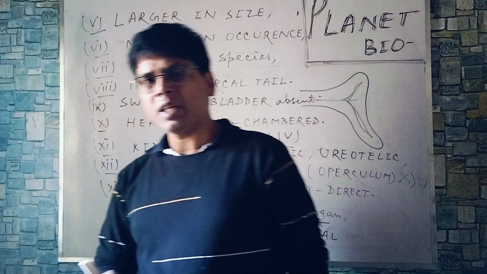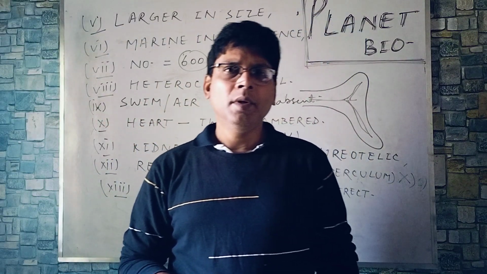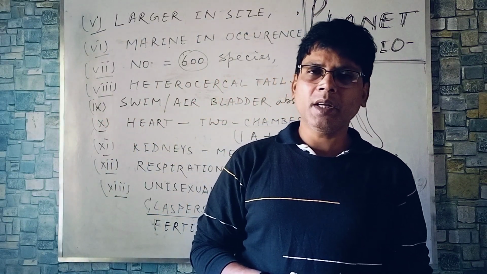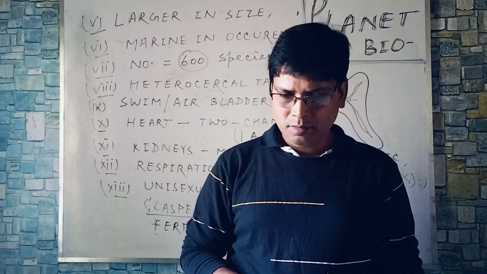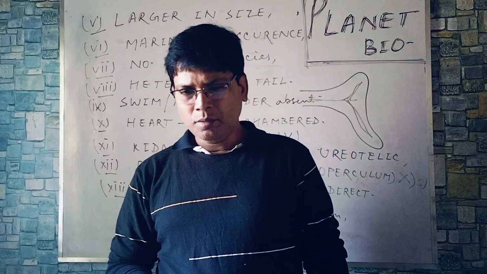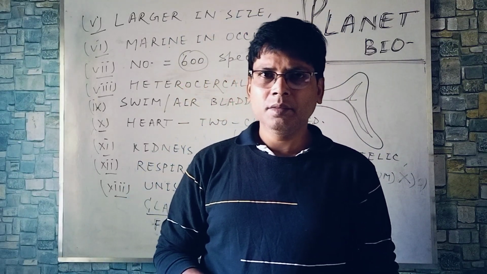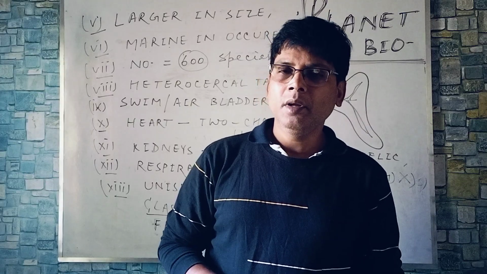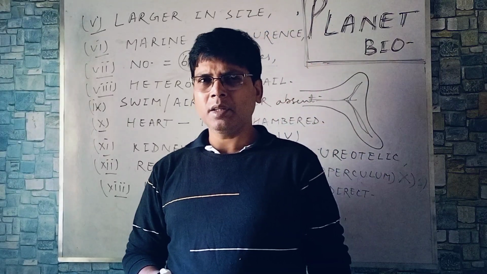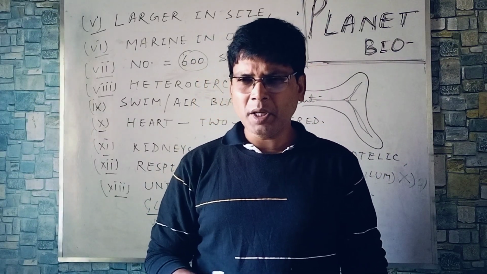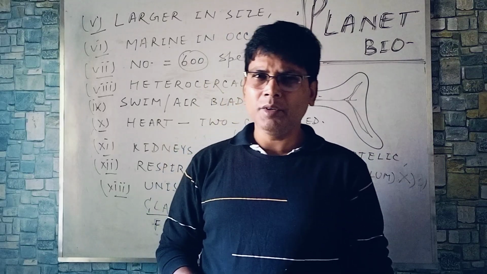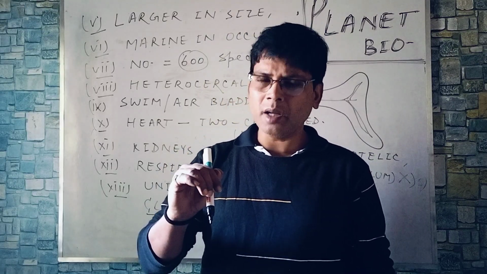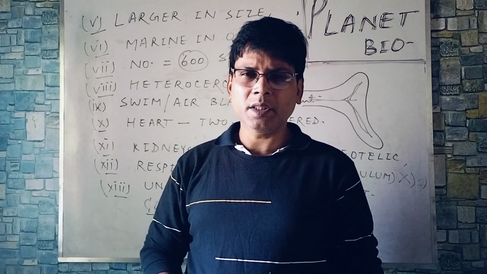Some specific features are present there. They may have a sting, they may have the capability to provide a big electrical shock, and they are generally attacking in nature. They are larger fishes, marine in occurrence, with heterocercal tail, and the teeth are backwardly projected, so they are attacking.